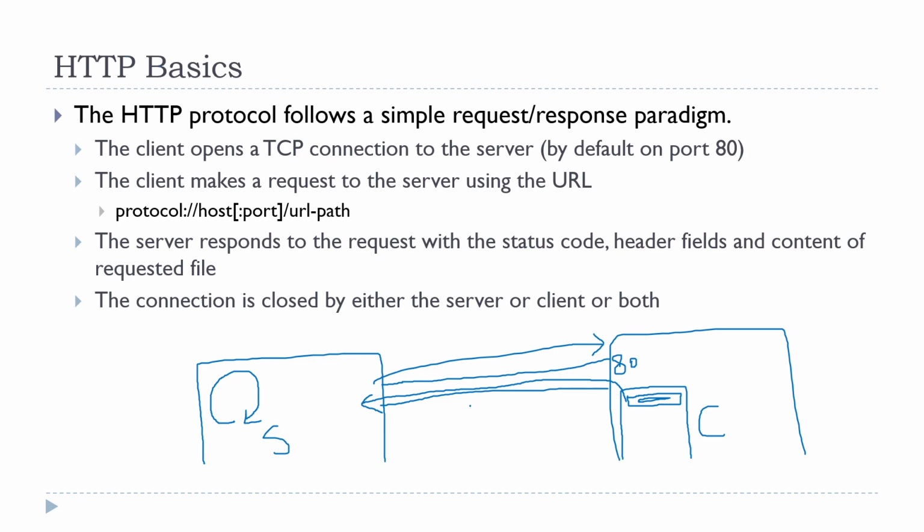So the response sent by the server will be shown to the client in the browser itself. The connection is then closed either by the server or the client or both of them.